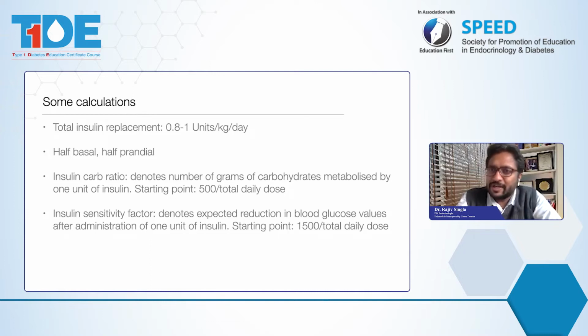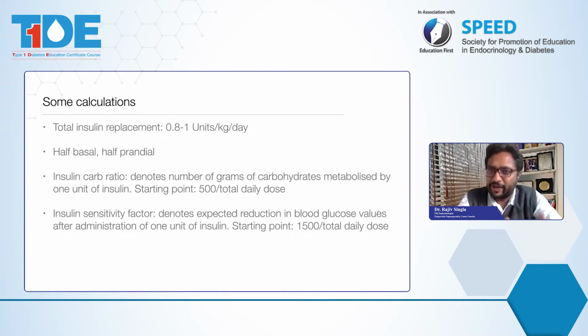Most of the time, children would have an adequate response on somewhere between 0.8 to 1 unit per kg per day. This applies to anybody diagnosed with type 1 diabetes for a year or more, although we might have to individualize it, and every person would require at least 0.8 unit per kg per day.